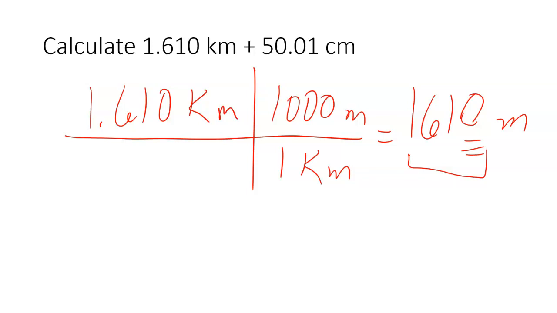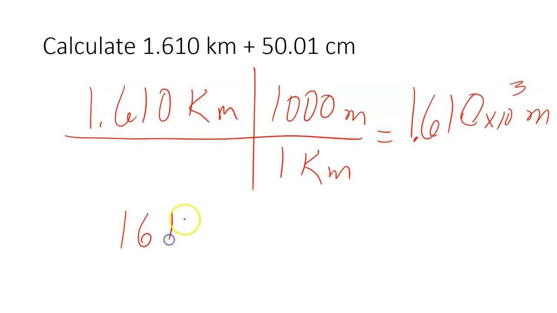To avoid that, one way of dealing with that is the following. In meters, you can say this is 1.61 times 10 to the 3 meters, right? If you remember that, this is what I did.